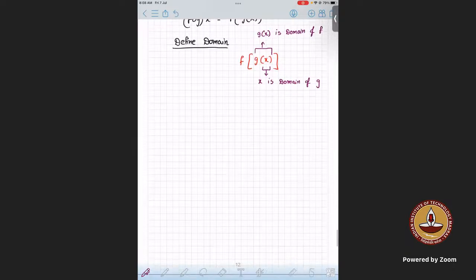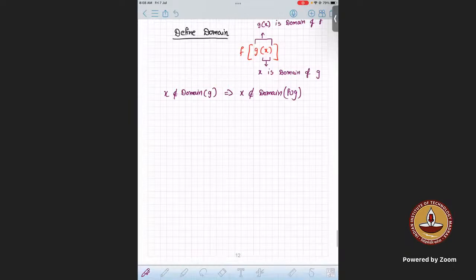Now there are two important points. Listen carefully. If x does not belong to the domain of g, then x does not belong to the domain of f o g.